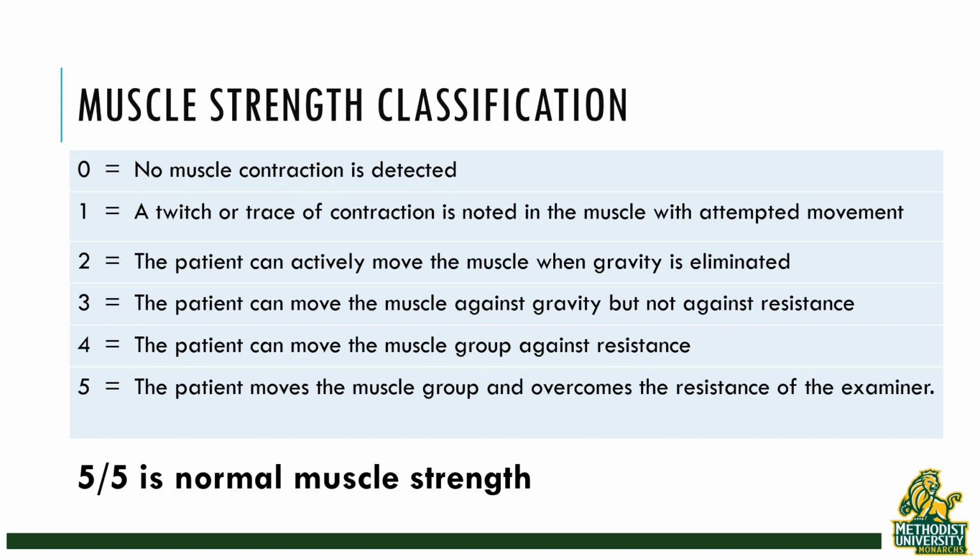When we're checking muscle strength, we use this scale from 0 to 5, 0 being a muscle that the patient is unable to move voluntarily at all, and 5 being normal strength, which is that the patient can move against your resistance, overcoming your resistance. So obviously you don't put all your strength into it, but you resist movement and the patient is able to break that resistance. And normal is 5 out of 5.